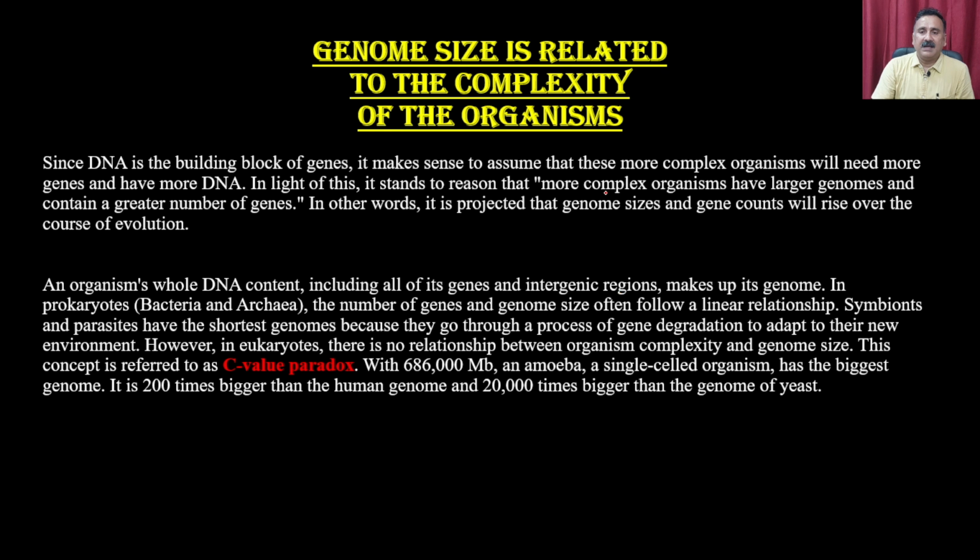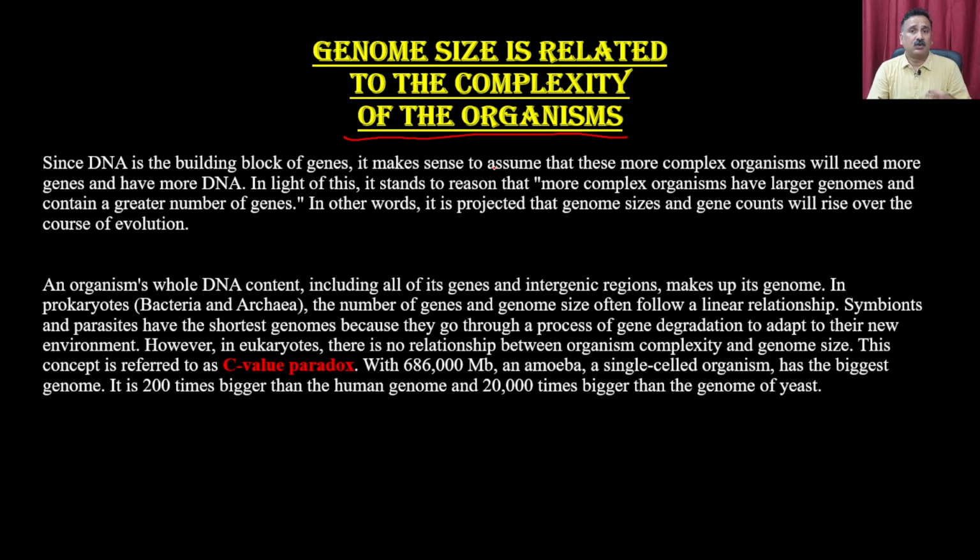So genome size is related to the complexity of that particular organism, right? Because the more information you have, the more you can manipulate that information, and that's why you're going to have the complexity in the system.